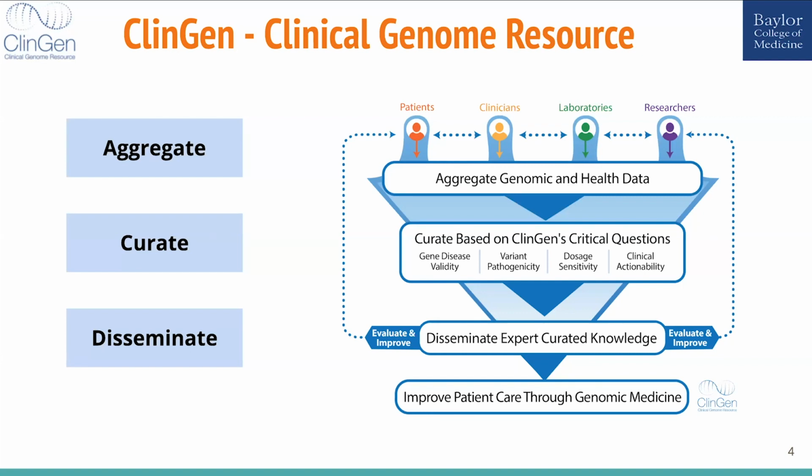And ClinGen also provides scalable applications and infrastructures to curate the clinical significance of genes and variants through expert consensus. And finally, we also build tools to disseminate the curated content so that it is readily accessible to the wider community.